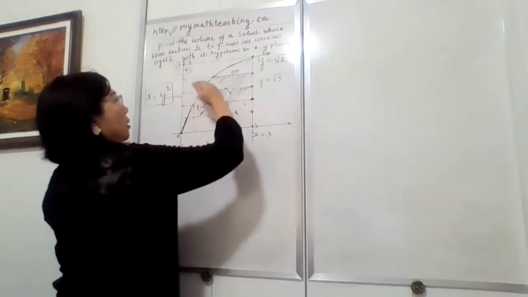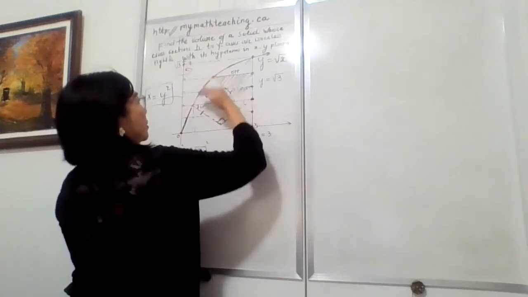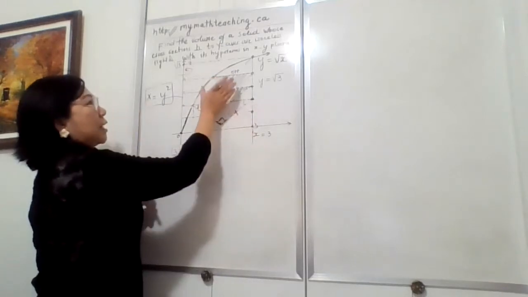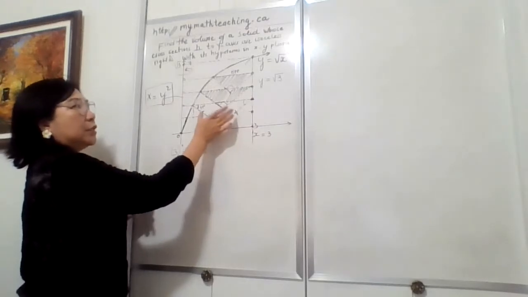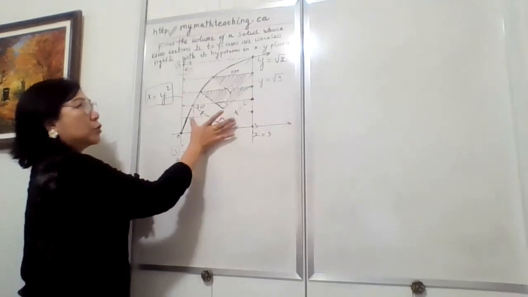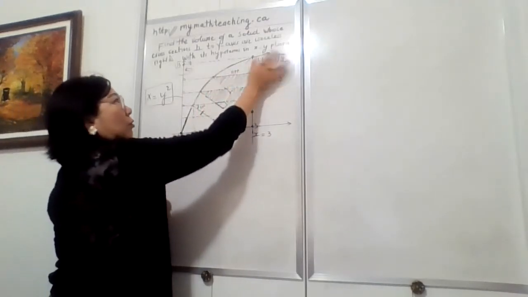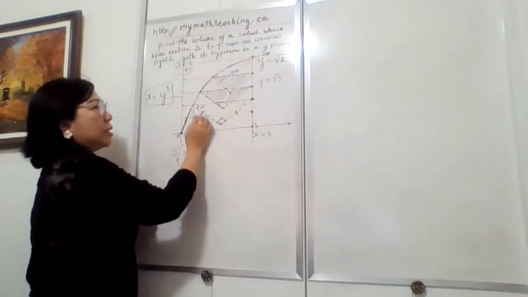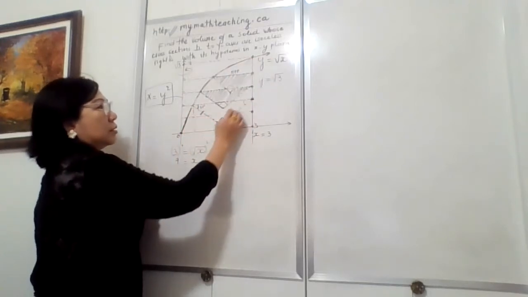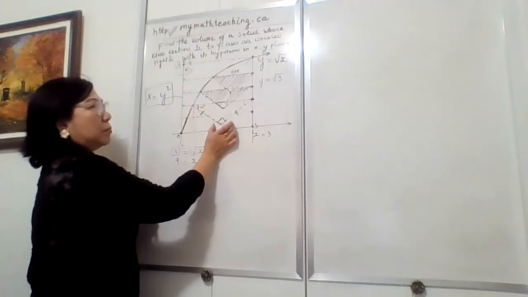So imagine we cut through the region by these slices, and these slices are not a fixed size, they're changing according to the shape of the function, right? You can see that at the bottom here, the triangle gets bigger and bigger.